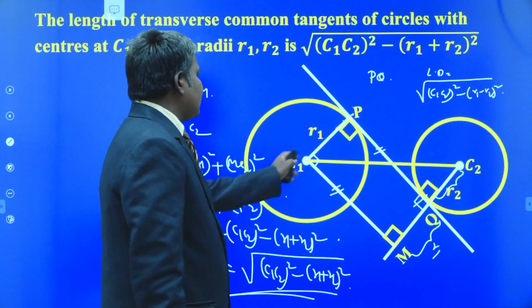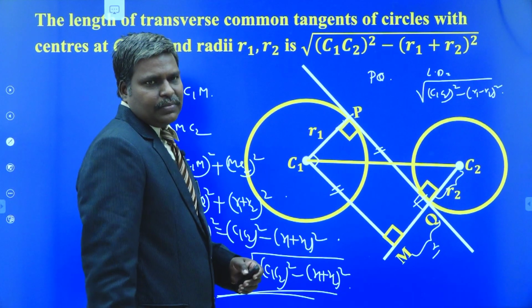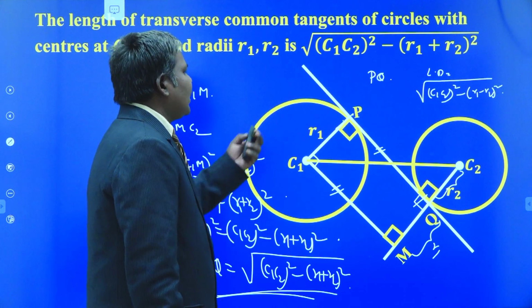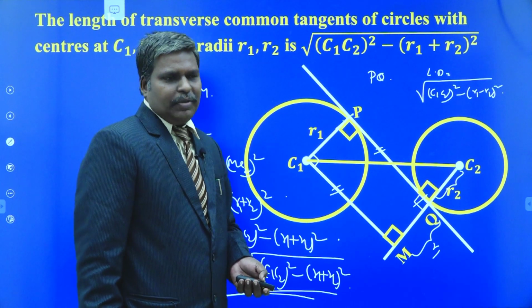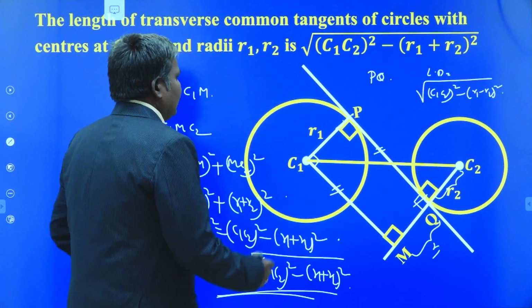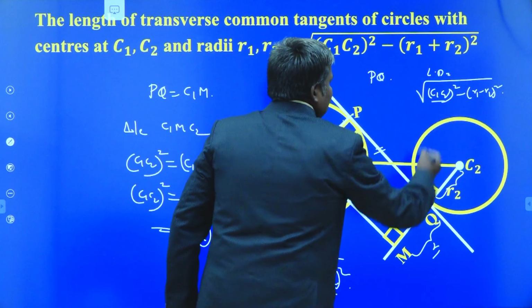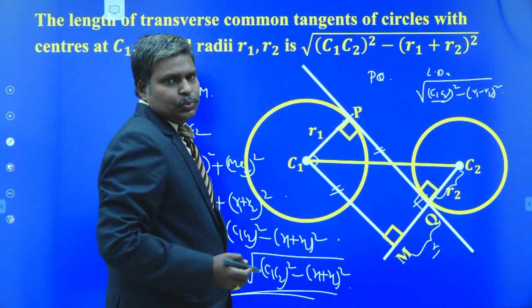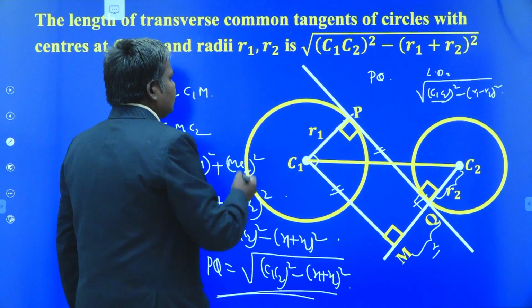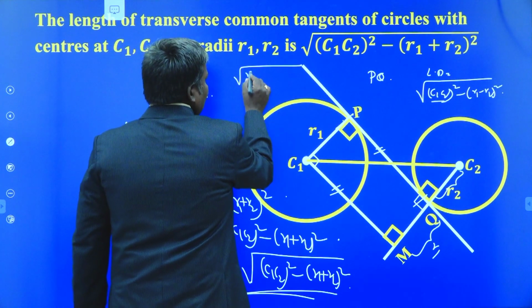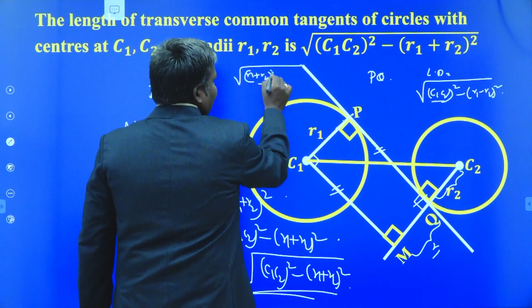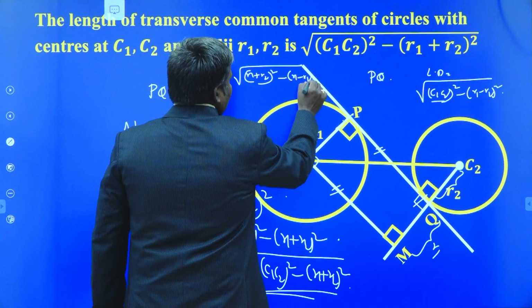Suppose two circles touch each other externally. At that time, what is the length of the direct common tangent? Anybody? At that time, C1C2 is nothing but R1 plus R2. So it becomes (R1 plus R2) whole square minus (R1 minus R2) whole square.